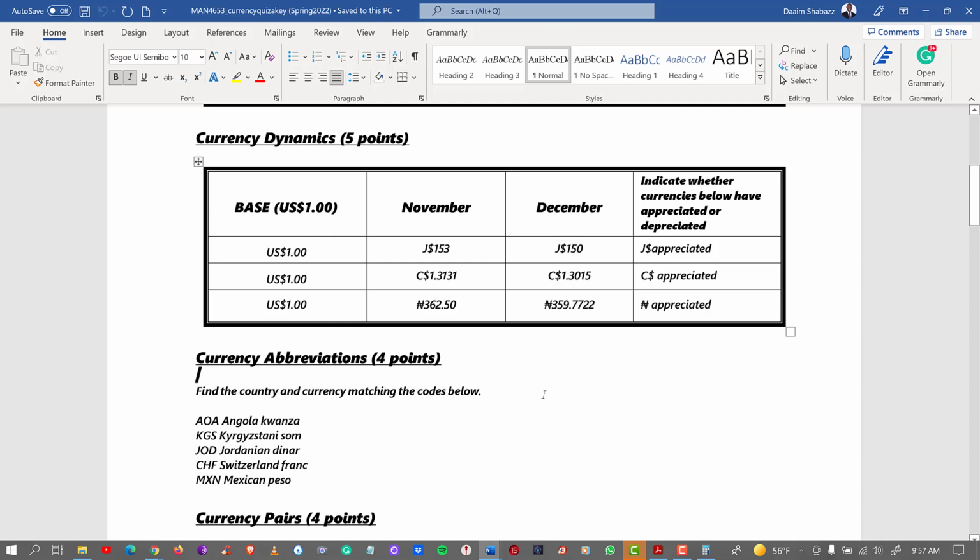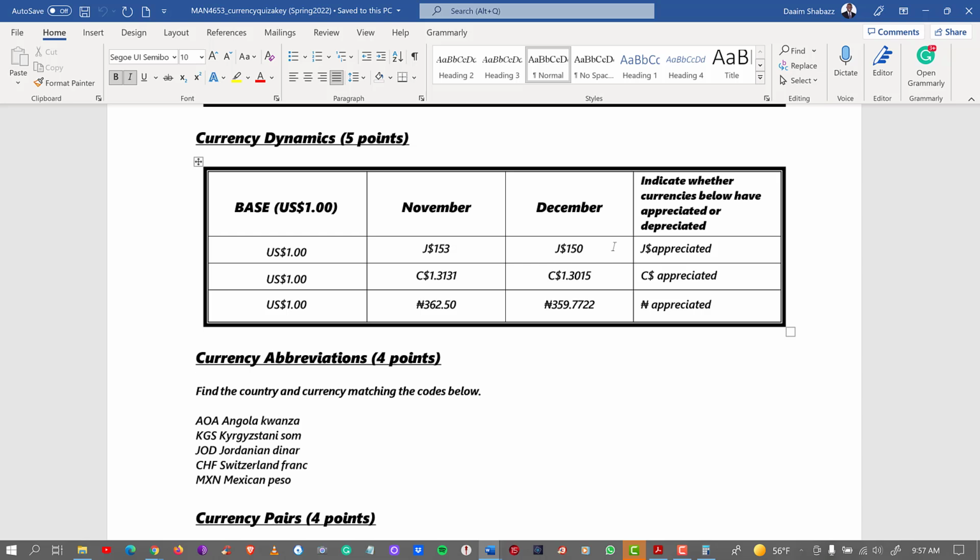And the logic is, in November, your dollar buys 153 Jamaican dollars. In December, your dollar buys less Jamaican dollars. So that's bad for the American, right? Using dollars. And since these are inversely related, if the dollar depreciated, then that means the Jamaican dollar appreciated.